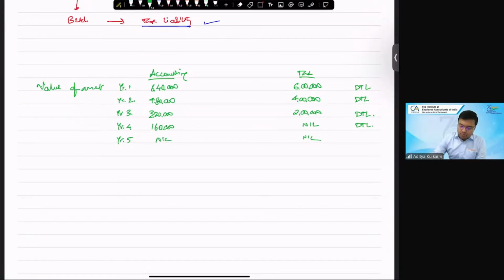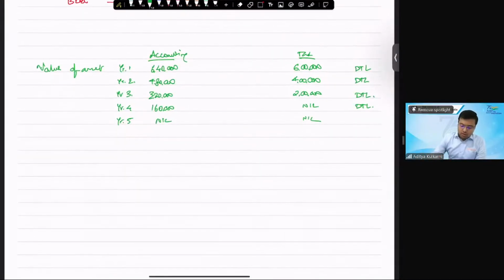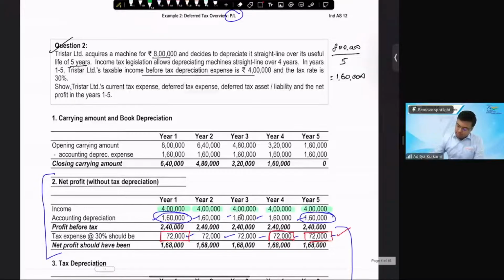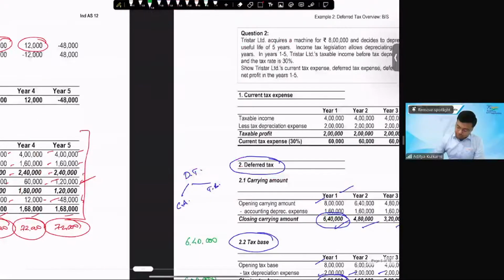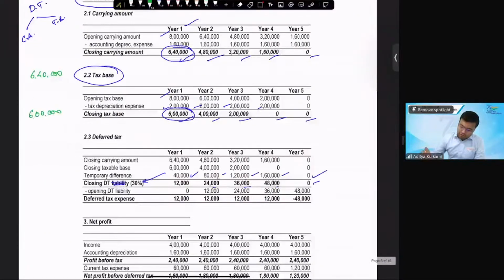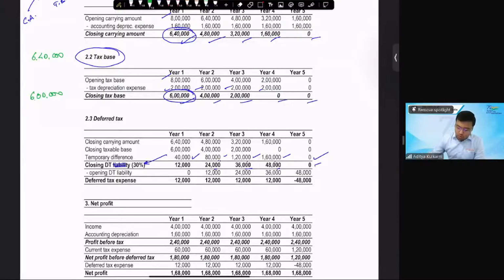Now, 40, 80, 120, 160 is your temporary difference. At 30%, it gives rise to a cumulative deferred tax liability.